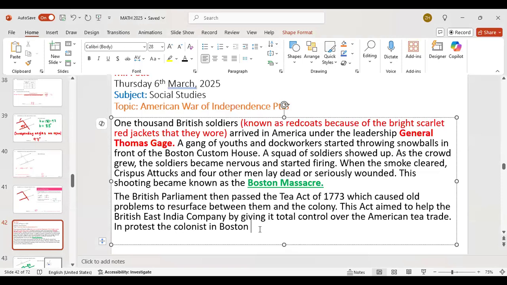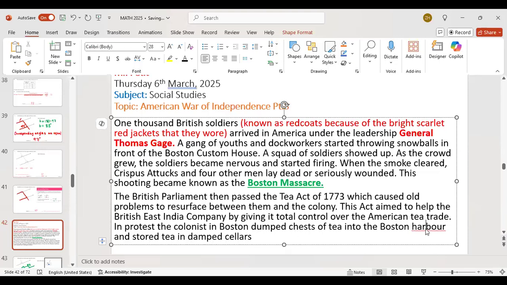In protest, the colonists in Boston dumped chests of tea into the Boston Harbor. And stored tea in damp cellars. Why would they store the tea in the damp cellar?